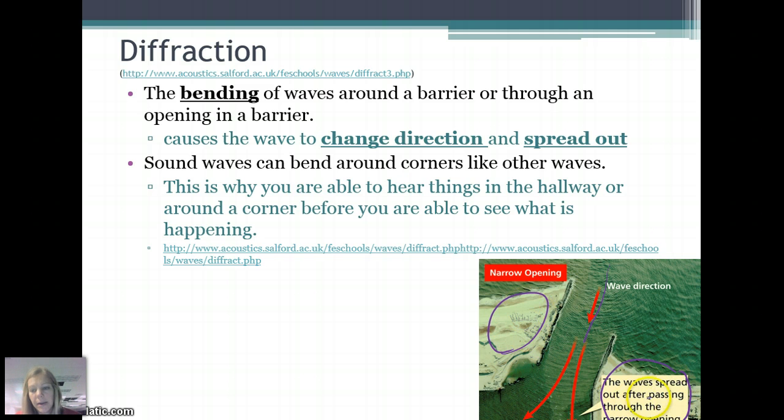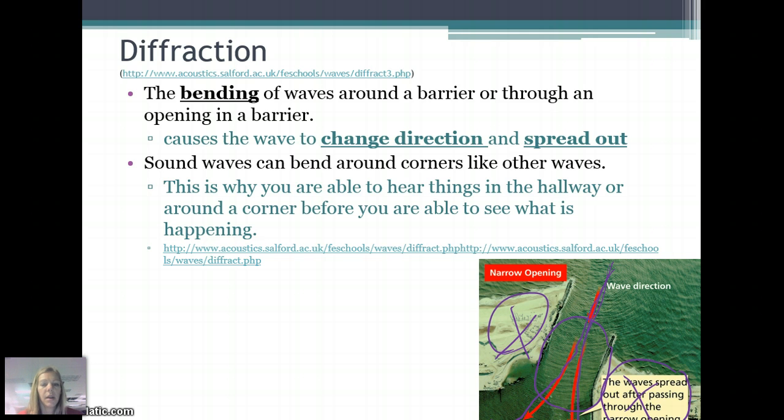This is a barrier medium, so it cannot pass through this area. But there is an opening in which the water can pass through. When it gets through and there is a larger area of water on the other side, it bends and slightly changes its direction.